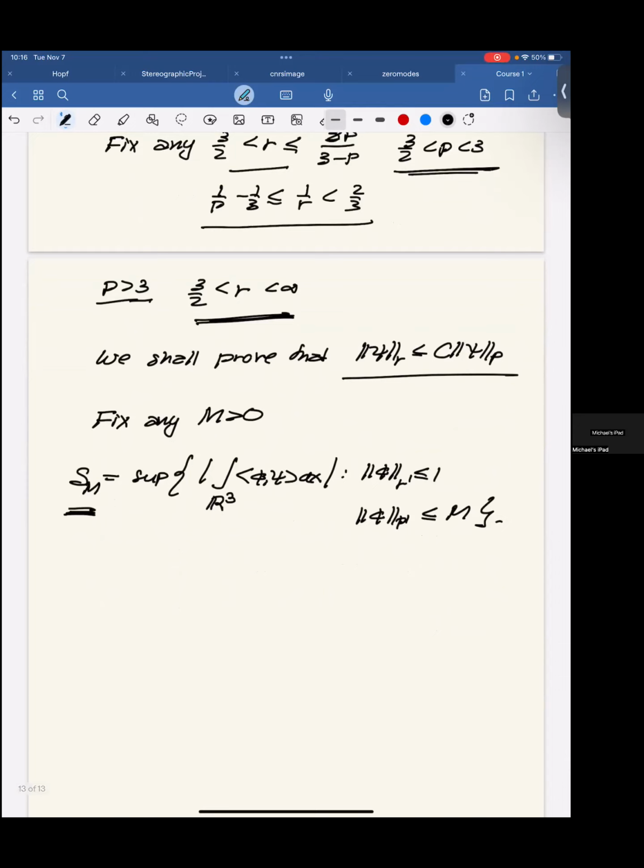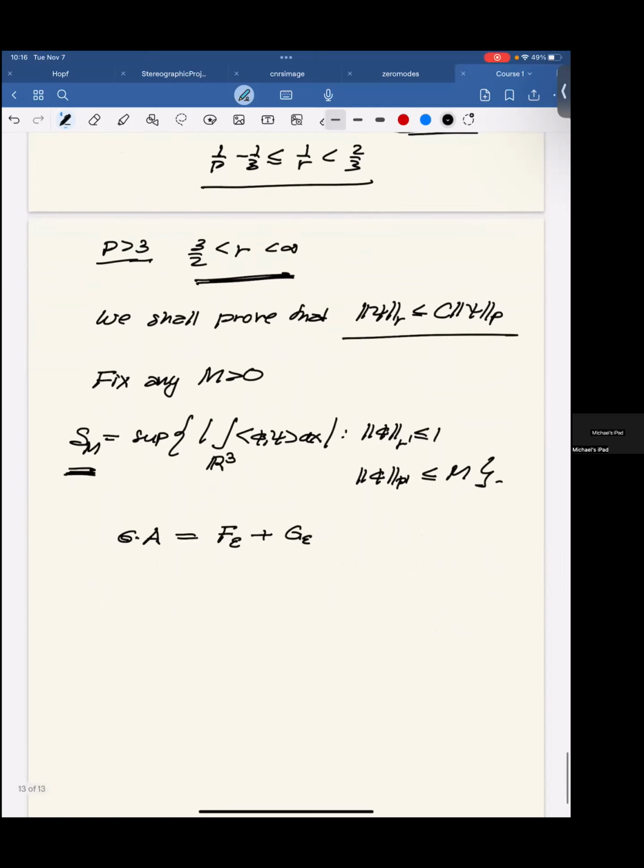Okay? So then what we do is we go and we look at sigma dot A and we split it. So this is a Hermitian matrix, and we can split it into two matrices, functions, right?